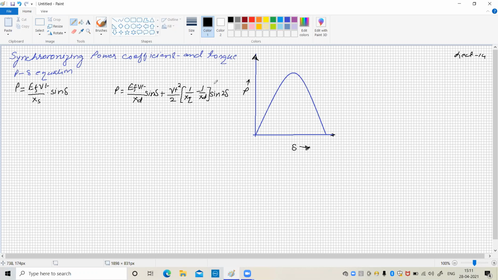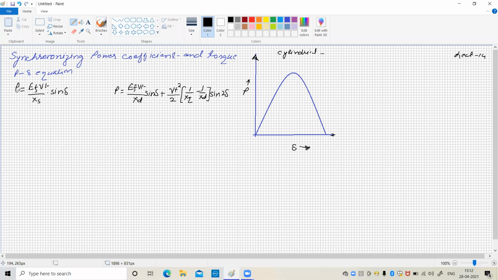Here we have already drawn a power angle relation for the cylindrical rotor machine, for the alternator. So the synchronizing power coefficient is nothing but the rate of change of the synchronous power P with respect to the angle delta.